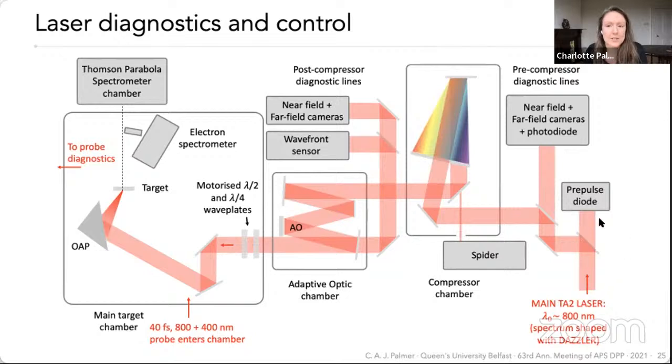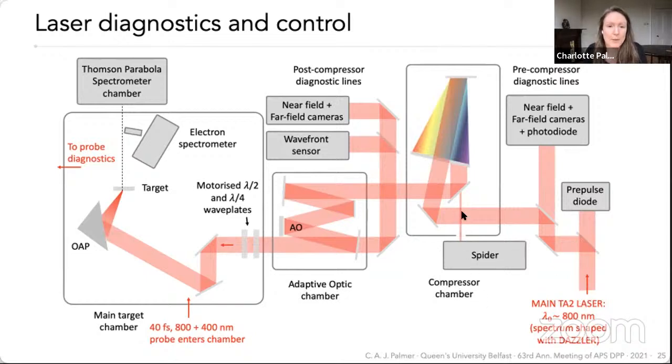And we use leakage diagnostics to monitor the long-term contrast and then near field and far field cameras here. These are cross-calibrated with power meters to give us an idea of the pre-compression energy, which can be controlled through a motorized wave plate that's before the room.